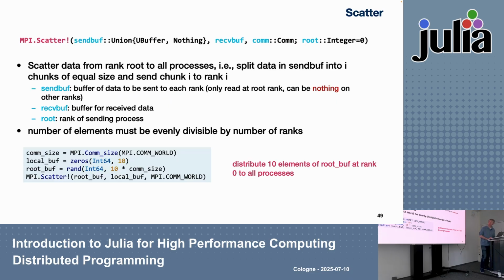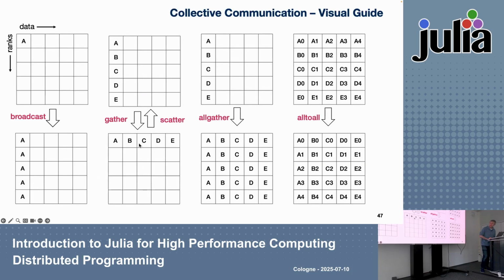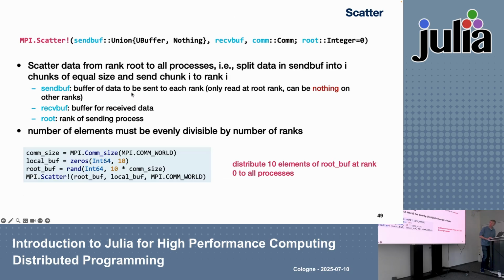Here's an example for the scatter function. Again, we have our root rank that has the vector of data that has to be distributed, and the other ranks specify this receive buffer here to receive their portion of the data.